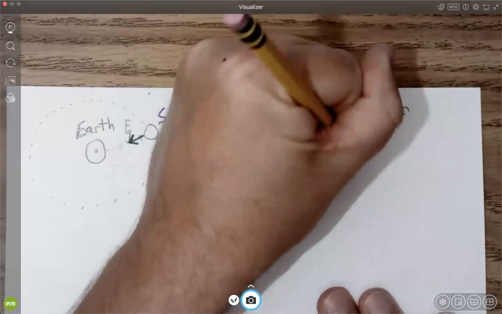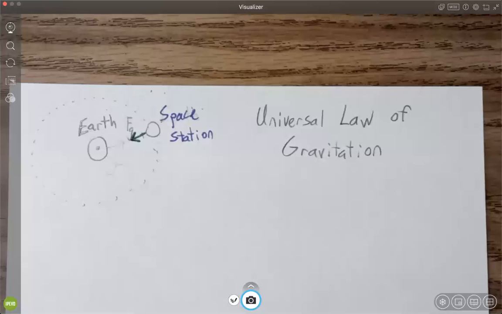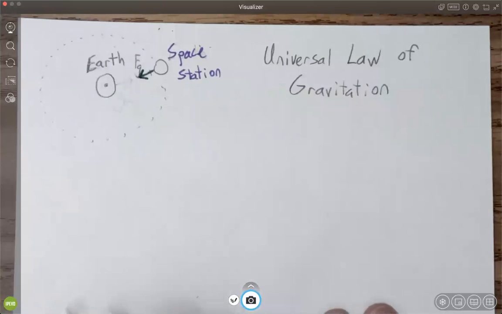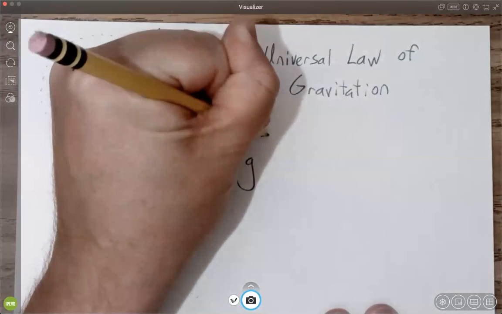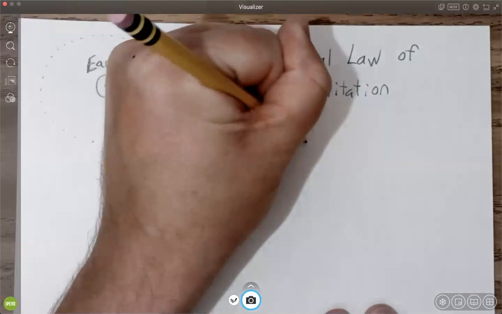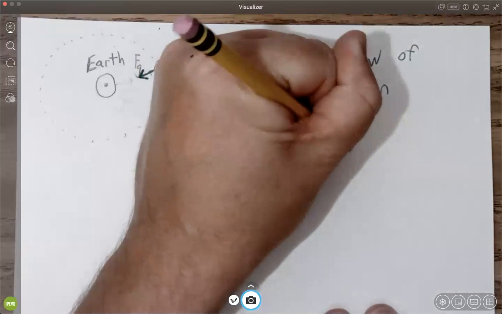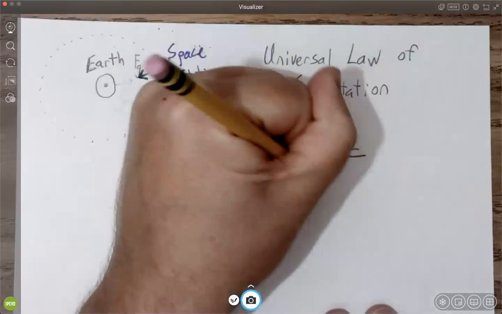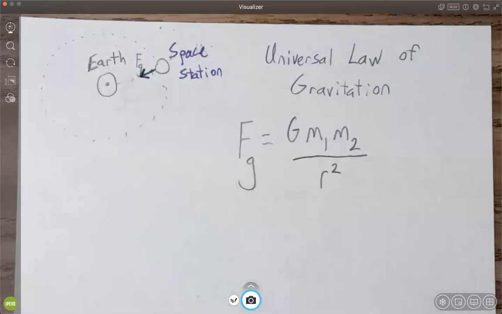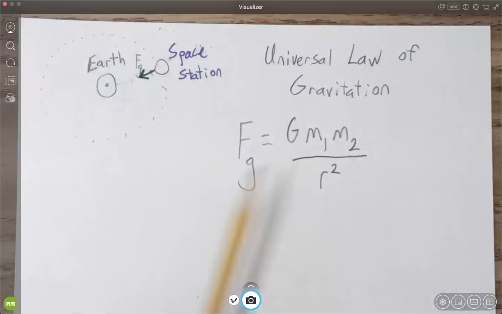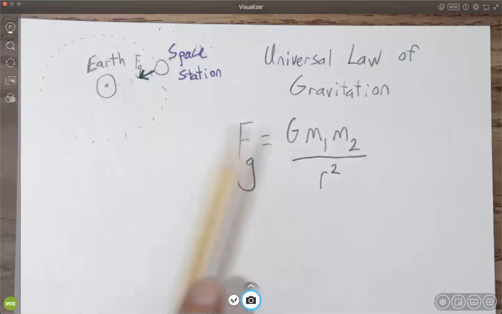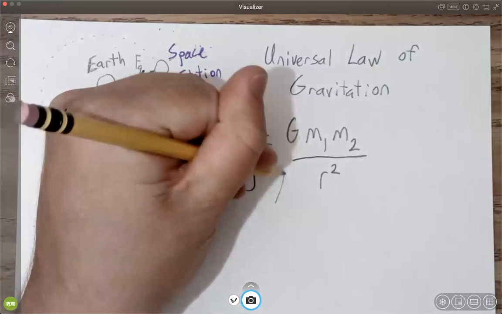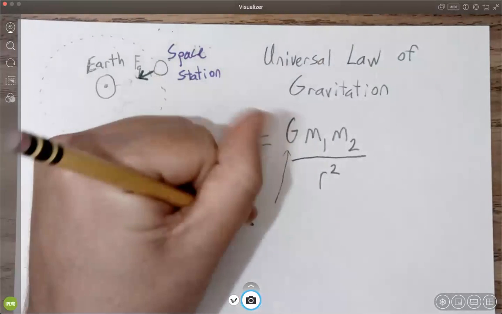So this universal law of gravitation can be quantified with this capital G, m1, m2 on r squared. So this capital G, this is a constant. This isn't like the lowercase g. This is a very small force, or small constant here.